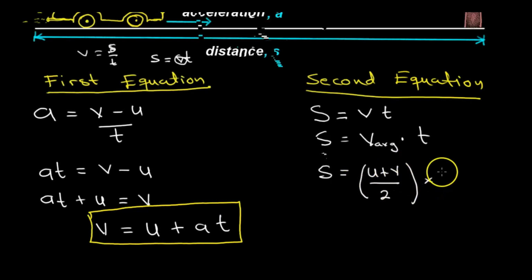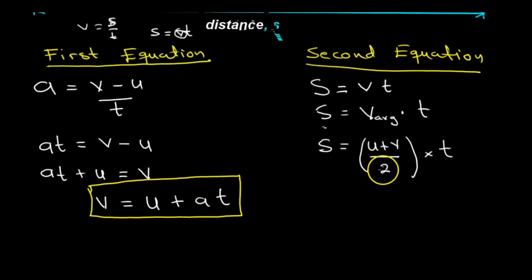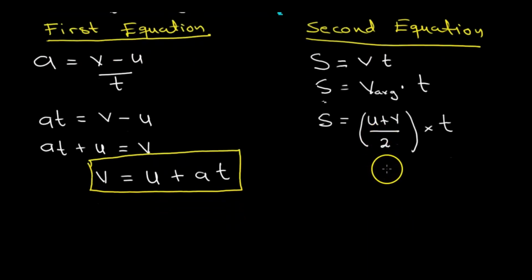Therefore, I'm going to multiply that by t. But I said that the most important quantity that must be present in all the equations is acceleration. So at this point, acceleration is missing. So let's find a way to get acceleration back into this formula.